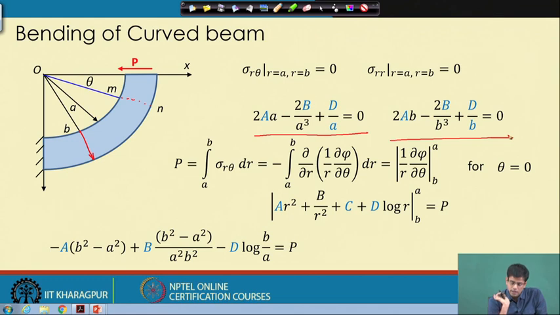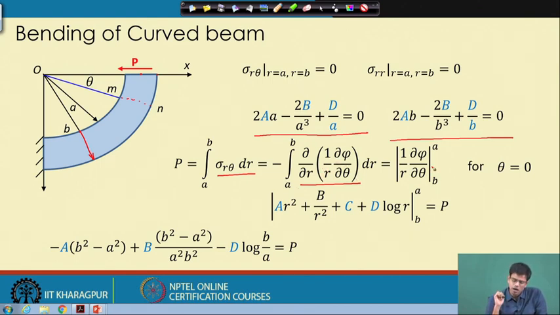So, we get this. Now, the third condition is that at theta equals 0, the stress resultant becomes p. So, the integral of sigma r theta dr from a to b becomes p at theta equals 0. Sigma r theta is essentially del by del r of 1 by r into d phi d theta, and if you integrate, the quantity will be from a to b.